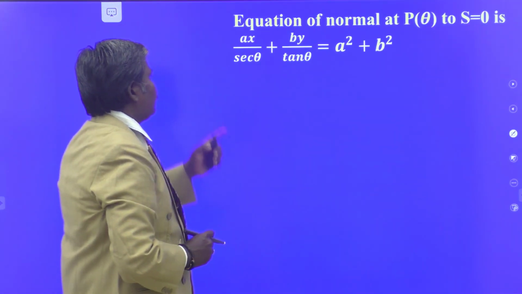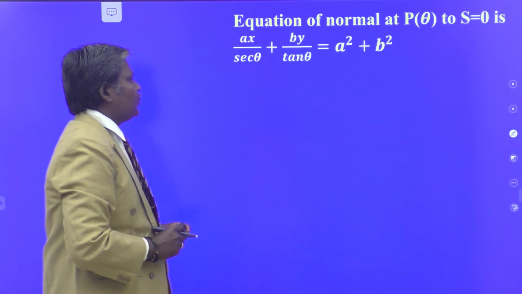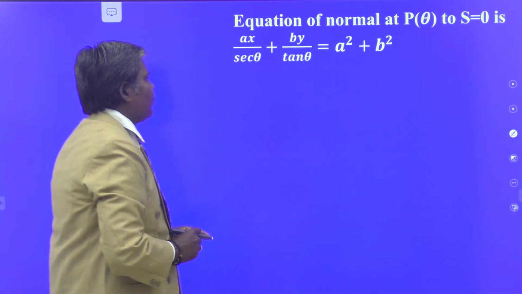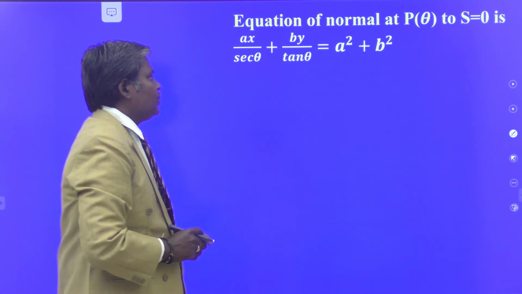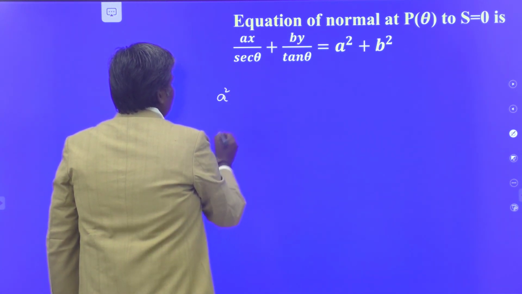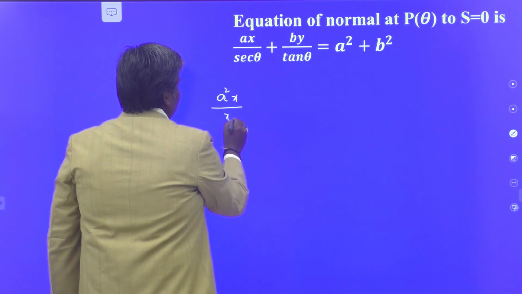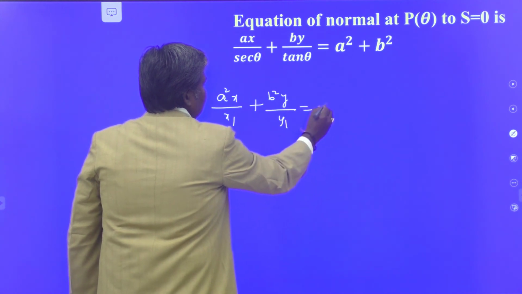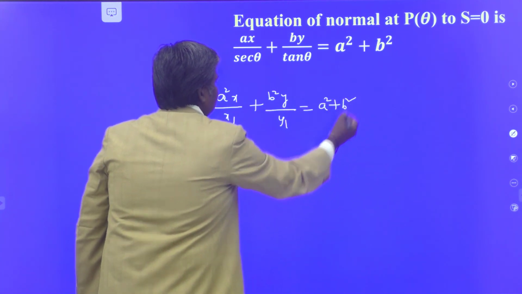Next, the equation of normal at P of theta to S equal to 0 is ax by secant theta plus by by tan theta is equal to a square plus b square. Already you know that the equation of normal at (x1, y1) is a square x by x1 plus b square y by y1 is equal to a square plus b square.